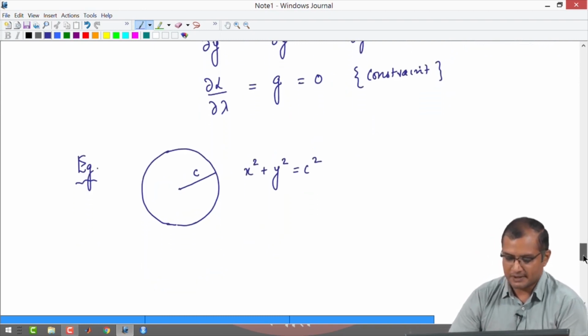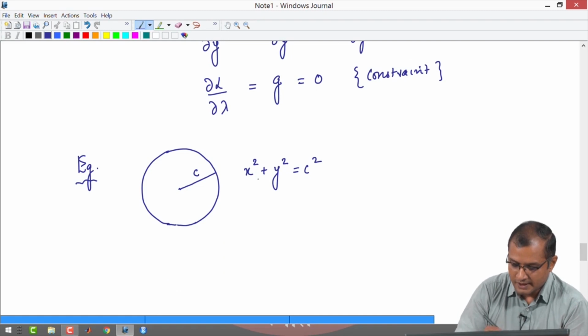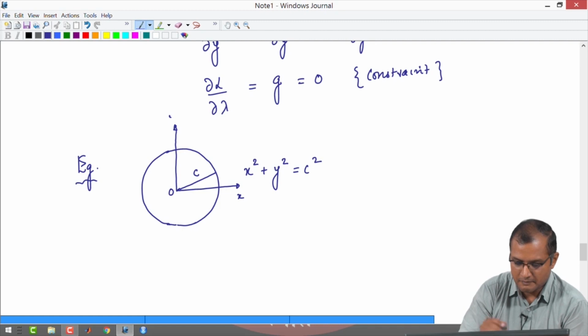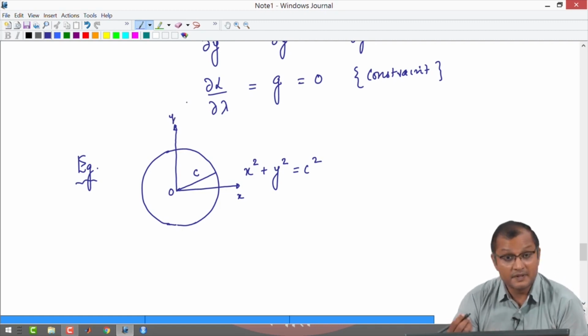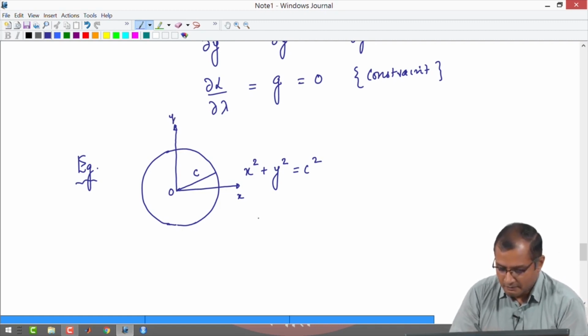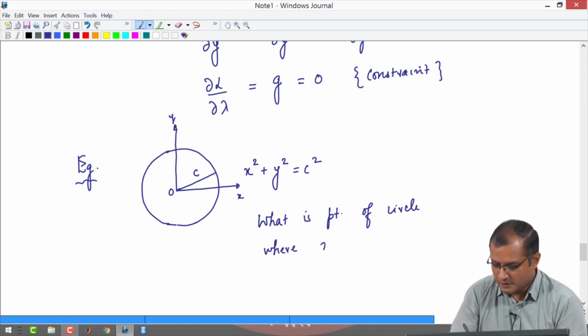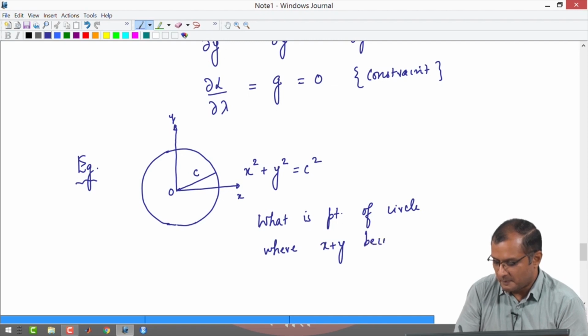Let us say the circle is centered at the origin, and I ask you a simple question. What is the point on the circle where x plus y becomes maximum?